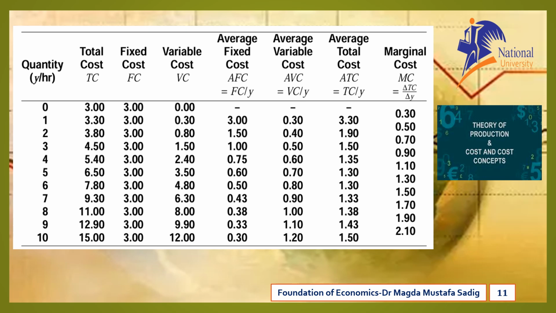Marginal cost is obtained by the change of total cost divided by the change of inputs. For example, the change from 3 to 3.30 is 0.30, and the change in quantity is 1. So if you divide 0.30 by 1, you will get 0.30.